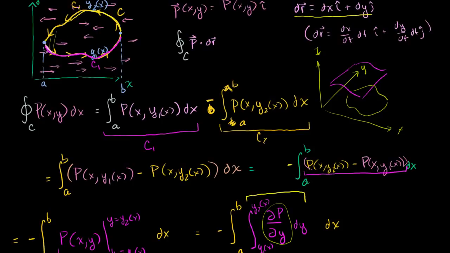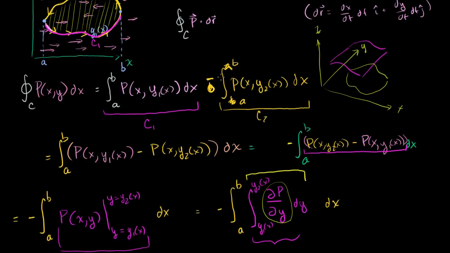If you imagine, the base, the whole floor of this, is going to be the area inside of this curve, and then the height is going to be this function, the partial of P with respect to y. It's going to be a little hard for me to draw, but this is essentially some type of a volume if you want to visualize it that way.